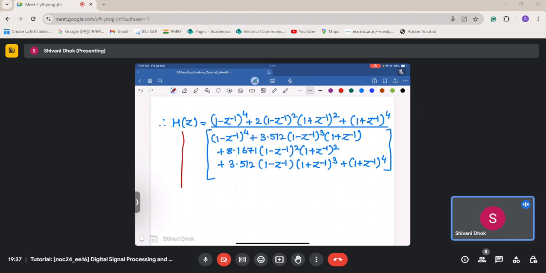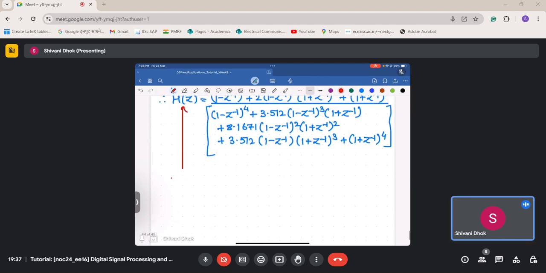So this thing here is now our discrete time, or let's say digital filter, or digital band stop filter, which we designed using the Butterworth approach or Butterworth method. Any questions in this part?